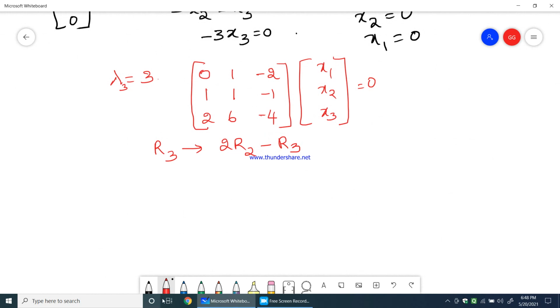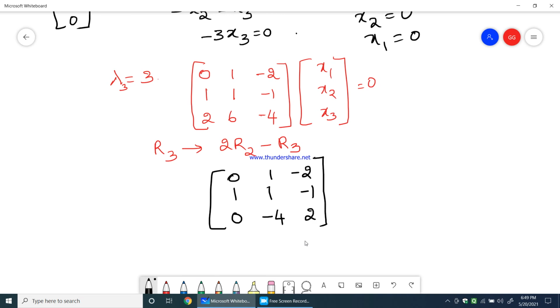The first row you can keep as it is, 0, 1, minus 2. Second row 1, 1, minus 1. Third row: 2 into 1 is 2 minus 2 is 0. 2 into 1 is 2 minus 6 is minus 4. 2 into minus 1 is minus 2 plus 4, which is 2. So this is what I got, multiplied by x1, x2, x3 equals 0.